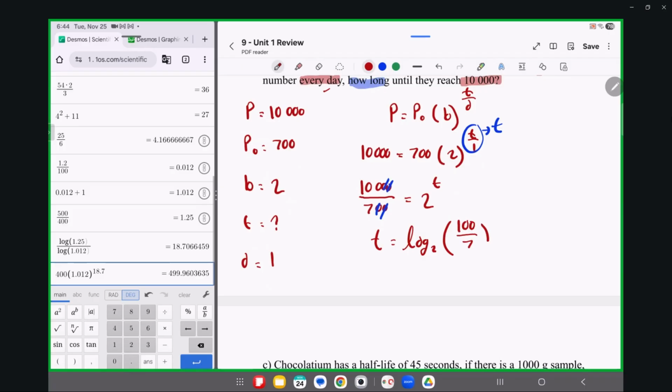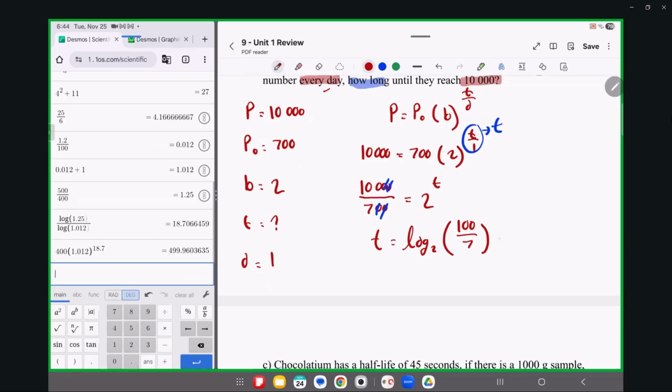If you didn't notice that 10,000 over 700 reduces down to 100 over 7, you could just write 10,000 over 700. You get the same answer. Applying the change of base formula, we end up getting log of 100 over 7 divided by log of 2.